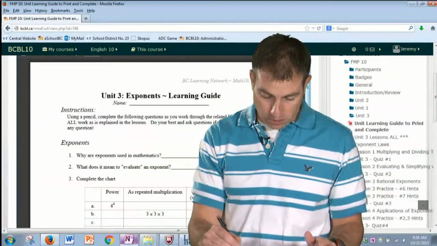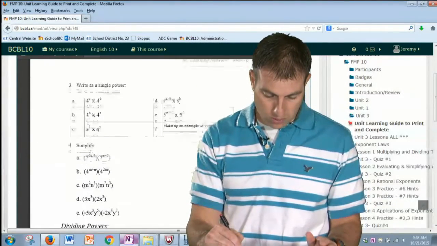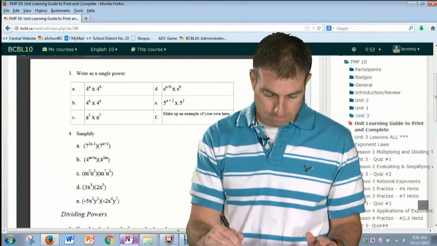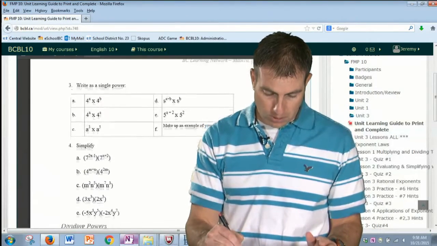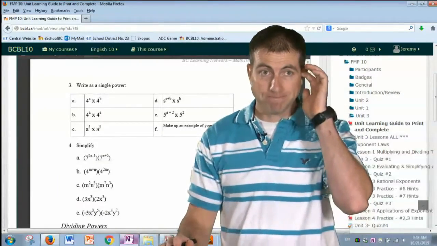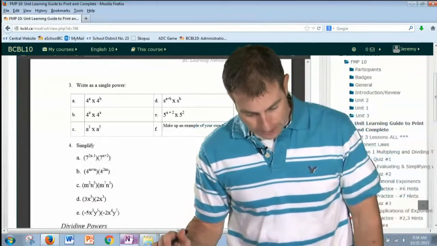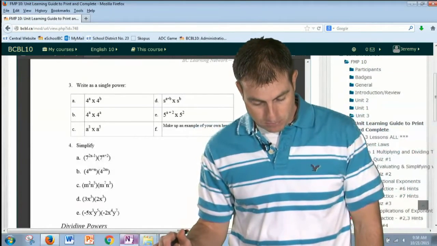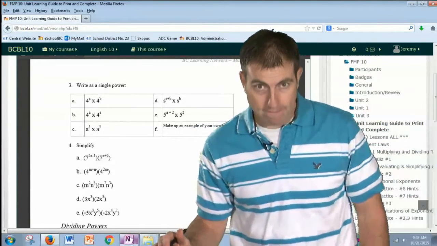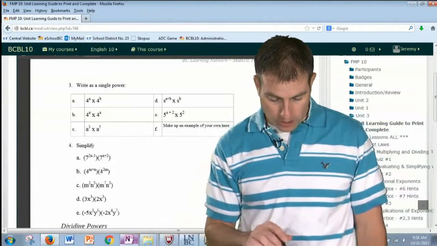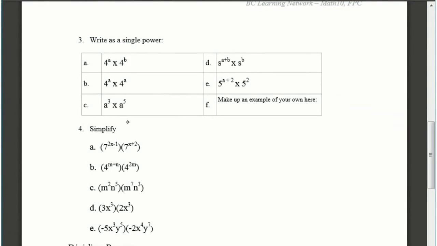Question 3, page 3. This one here, write as a single power. 4 to the A, 4 to the B; 4 to the A, 4 to the A; A to the 3, A to the 5.